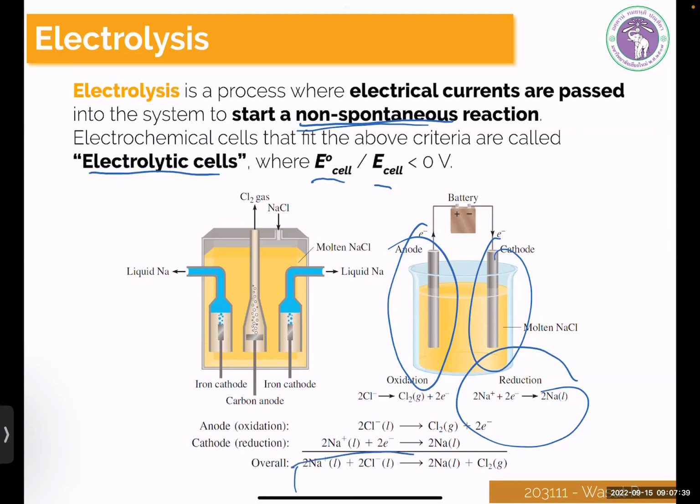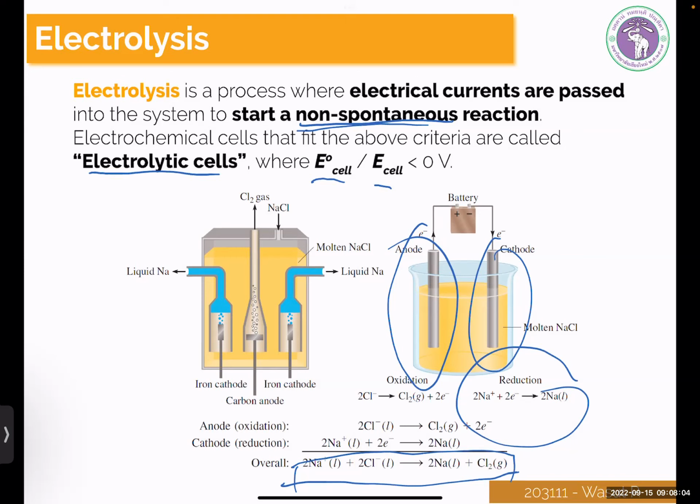So this is the reaction right here. You drive this non-spontaneous process to make it happen: 2 moles of sodium ion in the liquid phase plus 2 moles of chloride ion in the liquid phase give 2 moles of liquid sodium metal and 1 mole of chlorine gas. What is spontaneous is when you react sodium with chlorine gas.